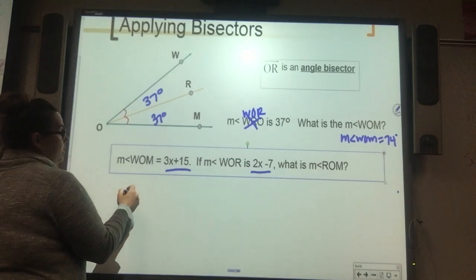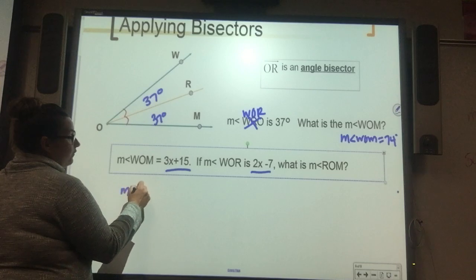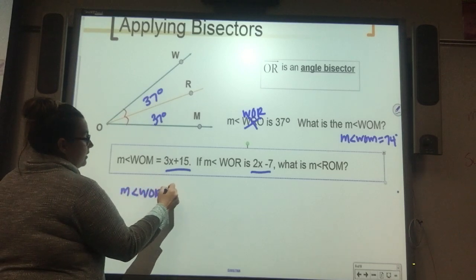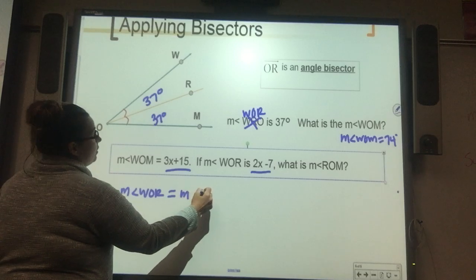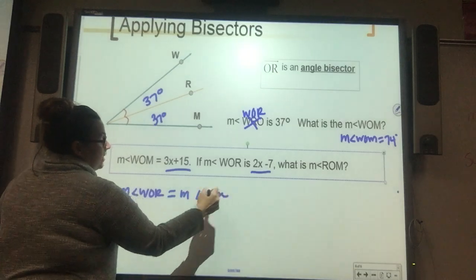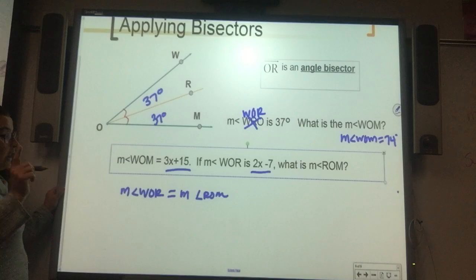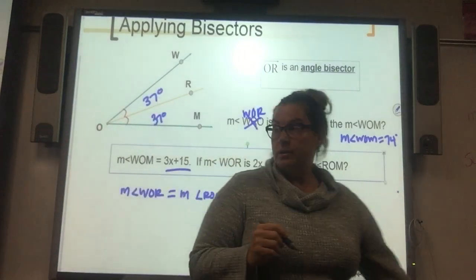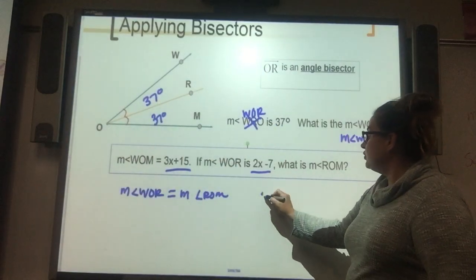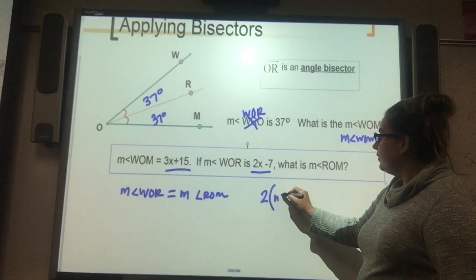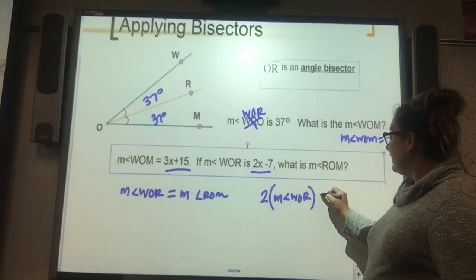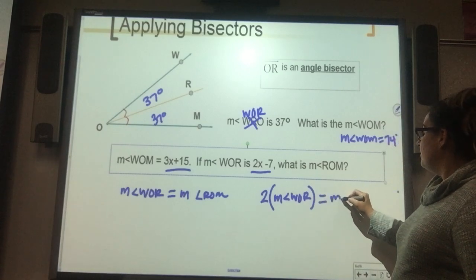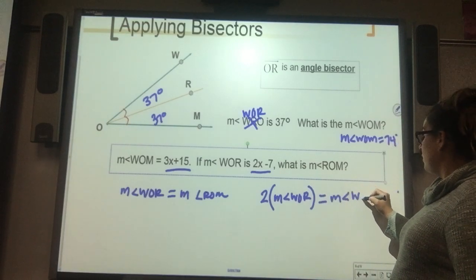I know that the measurement of WOR is the same as the measurement of angle ROM. I also know that 2 times the measurement of angle WOR equals the measurement of angle WOM.